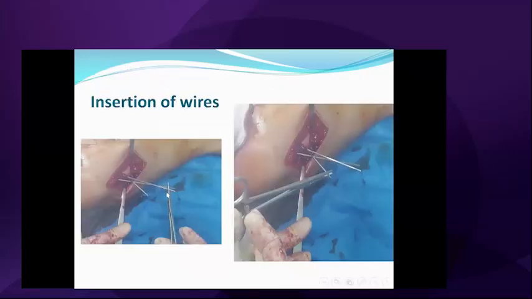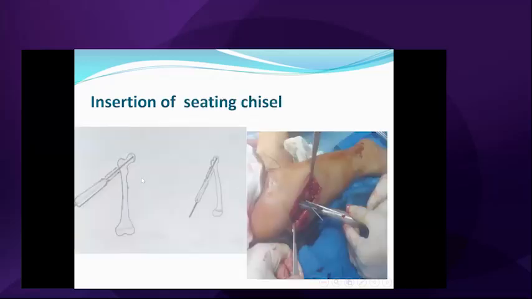This is an intraoperative photo showing 3 wires inserted, one in the neck, one below the lesser trochanter, and one above the lesser trochanter. This is the seating chisel inserted according to the guide wire, and it passes easily to the neck.